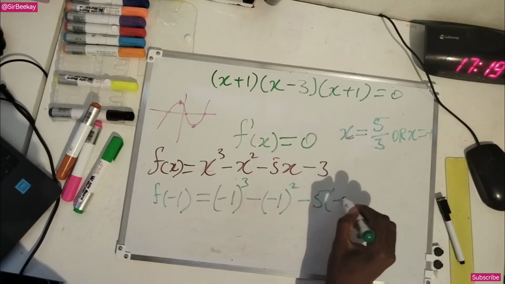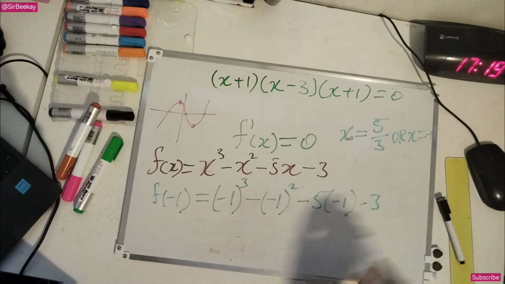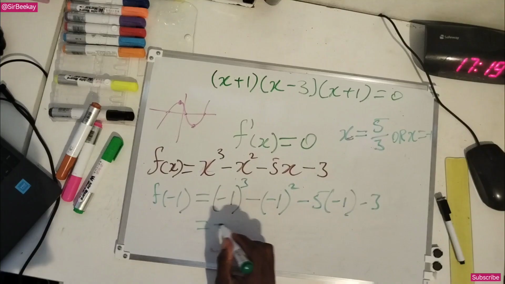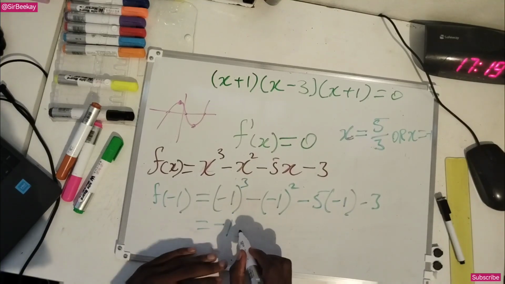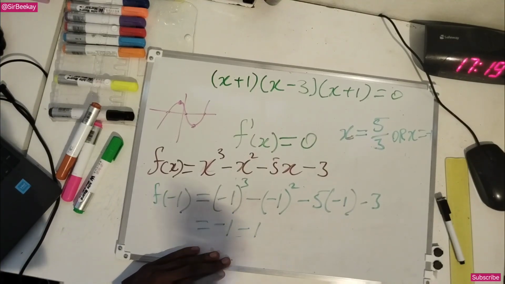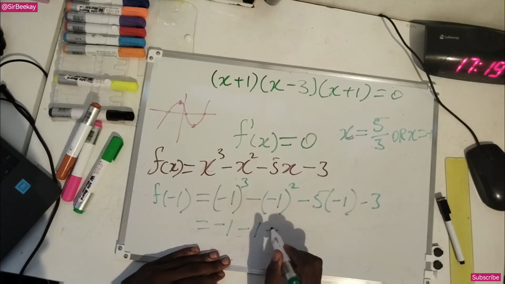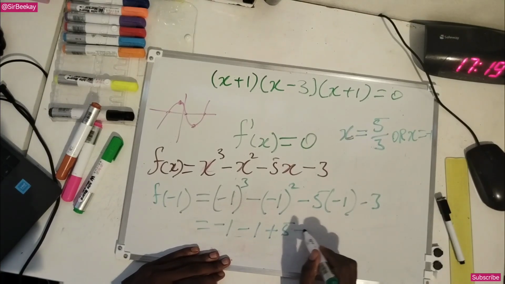Okay, this is minus 1. This is minus 1 also. This is plus 5 minus 3. This still gives me what? 0.